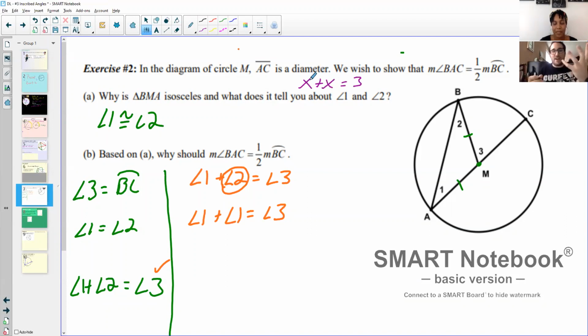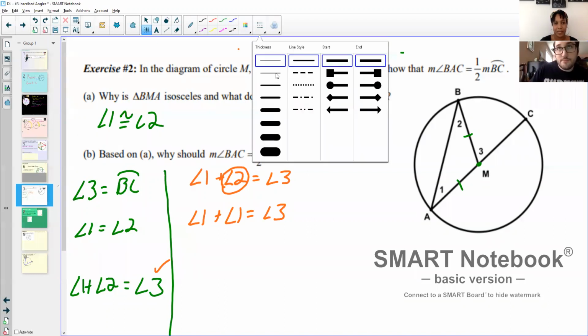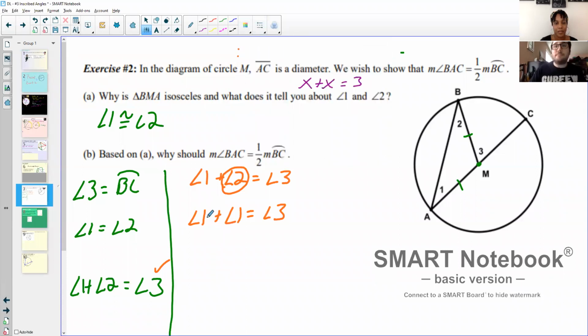So if I have 1 apple plus another apple, those are 2 apples. So similarly, if I have angle 1 plus angle 1, that's the same thing as saying 2 times angle 1 equals angle 3.